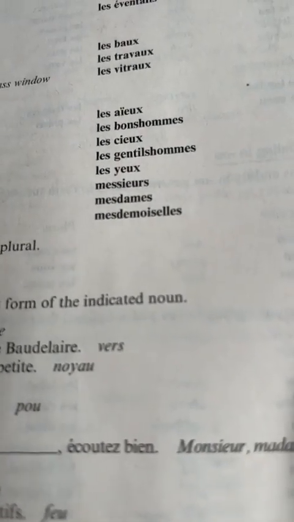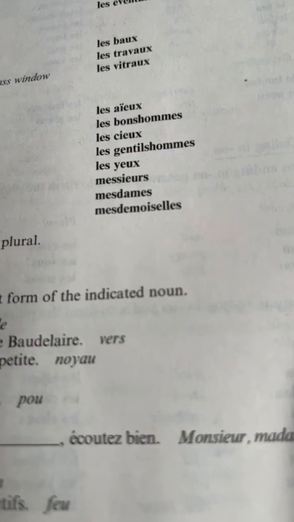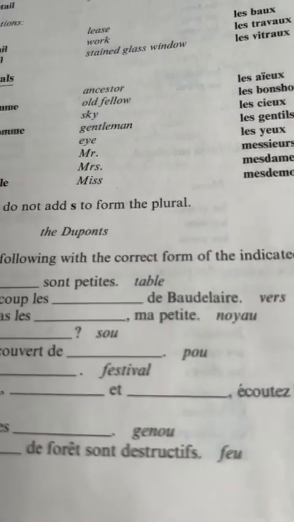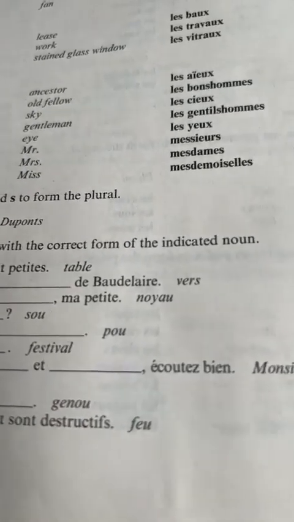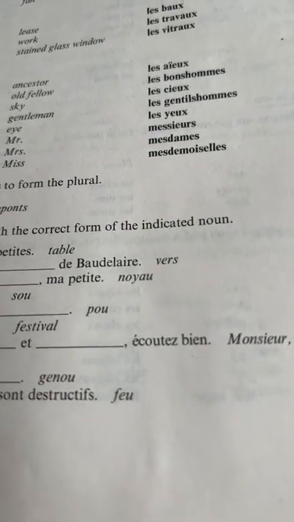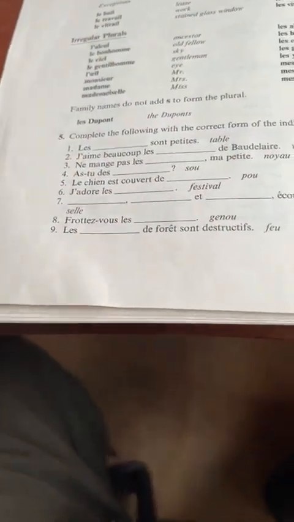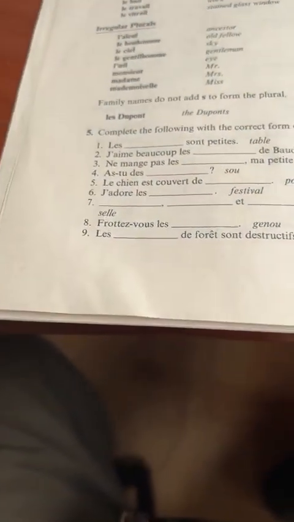So where are they? Here. Mesdemoiselles, mesdames, messieurs. So monsieur, madame, mademoiselle, messieurs, mesdames, mesdemoiselles. This will come in very handy when you are reading.